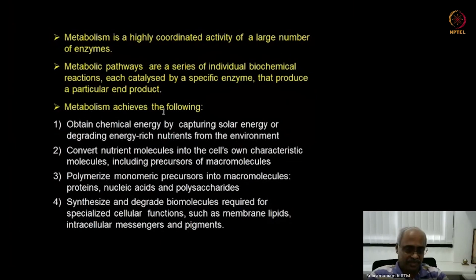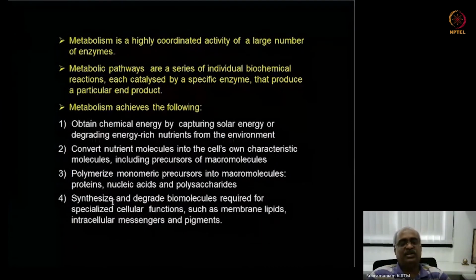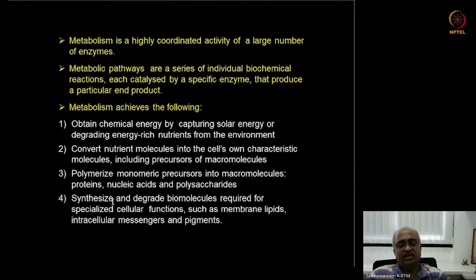So what does metabolism achieve? They are listed here. One is energy. Either by taking up an energy rich molecule, meaning a molecule which has potential for losing electrons, and while losing electrons to a molecule that more readily can accept.